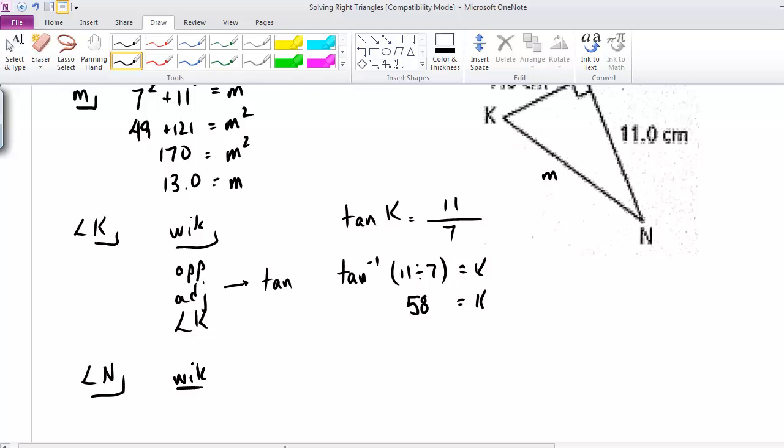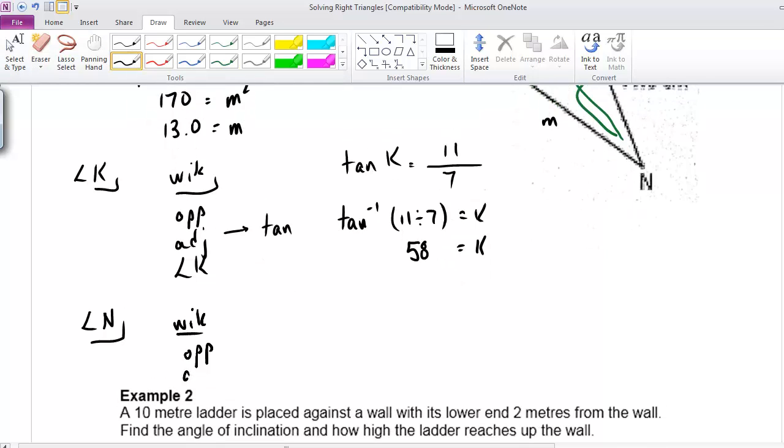Okay, what I know: relative to angle N, I know this side, which is the opposite side. I know this side, which is adjacent to angle N. And I want to know angle N. Again, what that points me to is the tangent ratio.